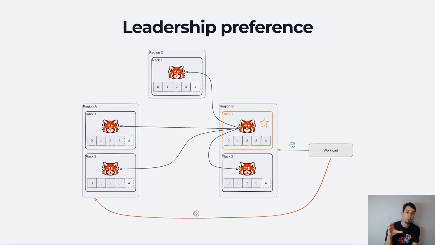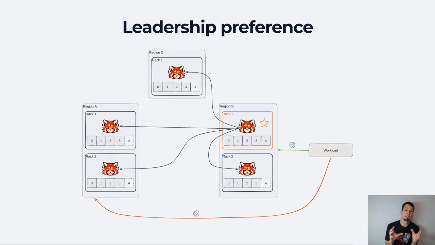Another important component of Redpanda multi-region capabilities is the so-called leadership preference. A leadership preference allows a user to define where the preferred leader should be located. And this has two components. One is an extension in the Raft protocol that we implemented.